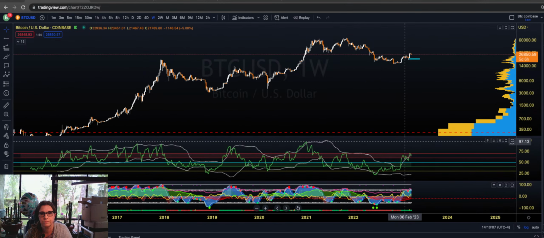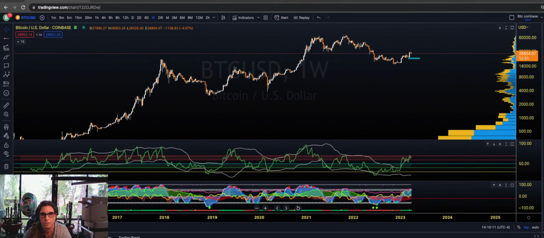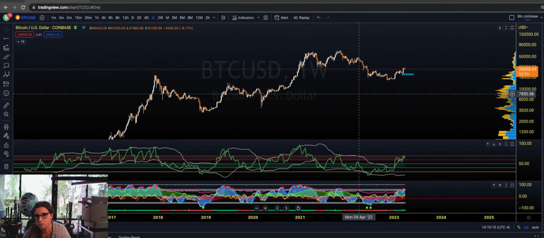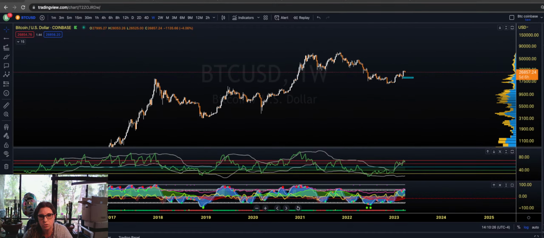So let's talk about the weekly. And the one indicator I use, well, two actually, but I more rely on the TDI, even though I pair these two up together, okay?